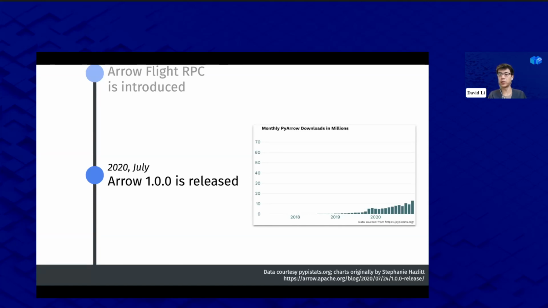So 1.0 was more of putting a bow on everything and saying we're going to declare this stable, and we're going to declare this as a foundation for applications to keep building on, making a commitment for the future in some sense. And as you can see, the Arrow project had already been adopted by users as well during this time. In 2020, the PyArrow project, the Python bindings, were reaching about 5 to 10 million monthly downloads from PyPI.